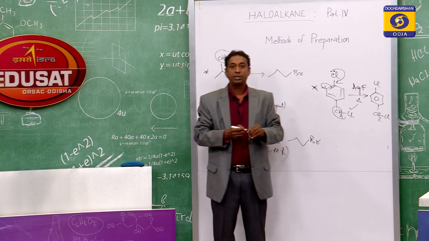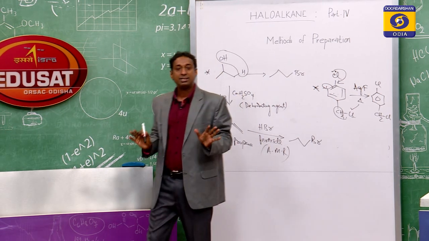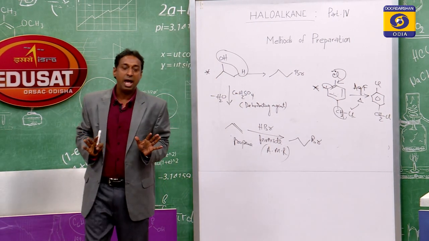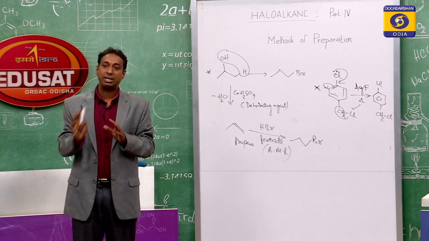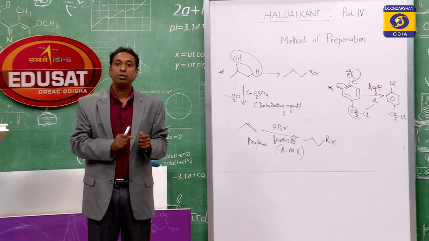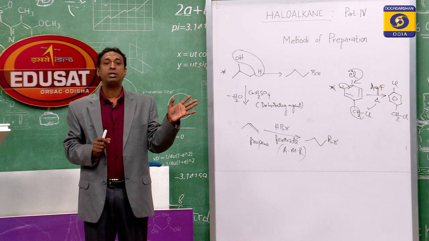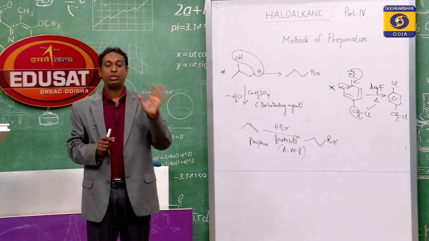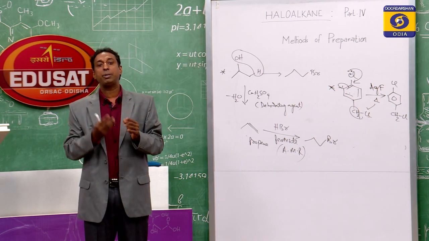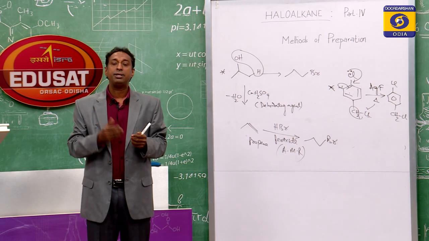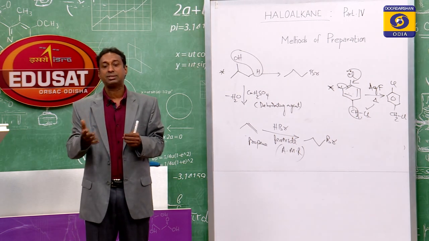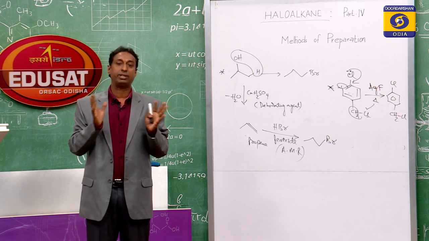Students, in this class I have discussed how you can prepare haloalkanes from alkanes and alkenes. Also in the previous class we discussed it, and in today's class we discussed how to prepare from alcohols, and from the Swarts reaction, the Finkelstein reaction and the Hunsdiecker reaction.